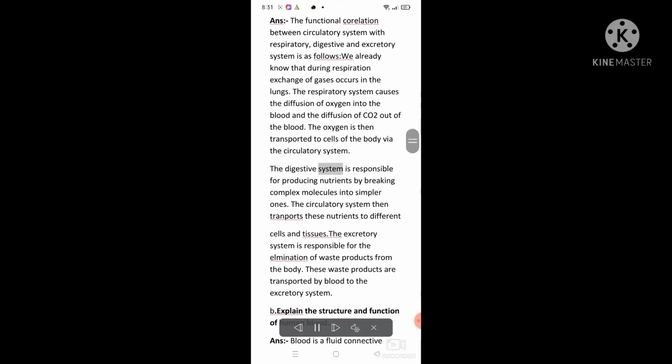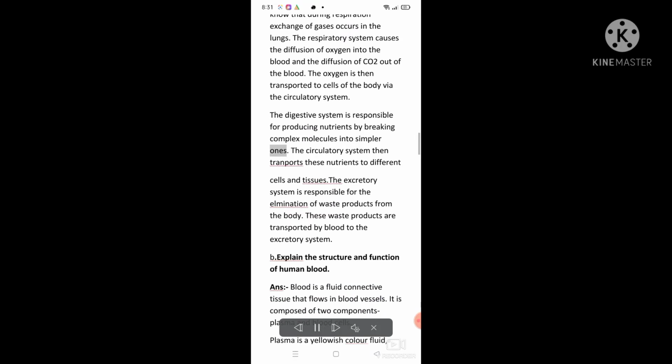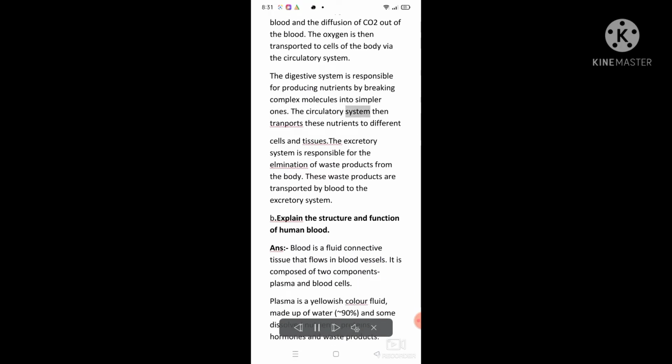The digestive system is responsible for producing nutrients by breaking complex molecules into simpler ones. The circulatory system then transports these nutrients to different cells and tissues. The excretory system is responsible for the elimination of waste products from the body. These waste products are transported by blood to the excretory system.